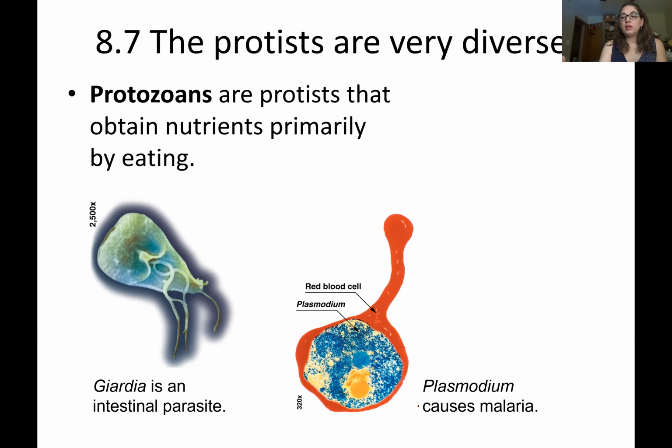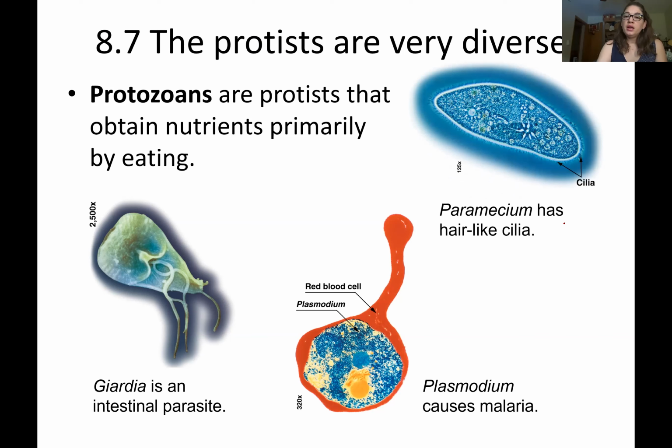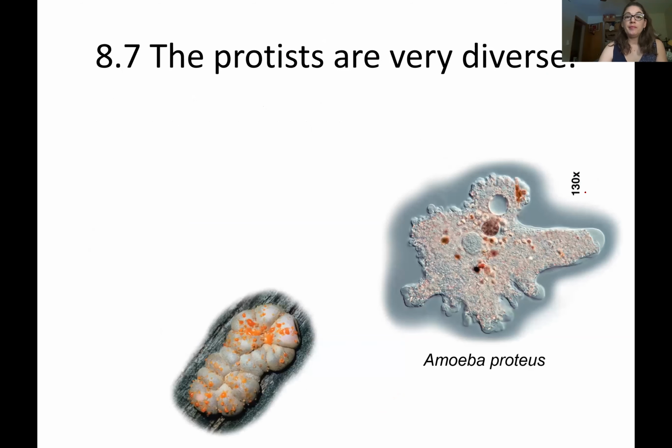It kills the malaria protist before it can really make you sick. And then Paramecium, a single-celled organism that has cilia that beat back and forth like oars on a canoe. And those help it propel through aqueous environments.